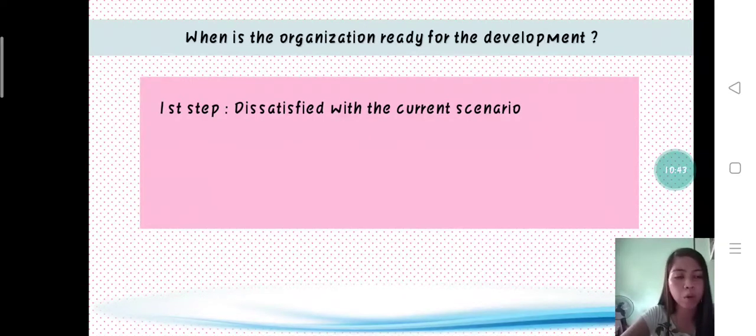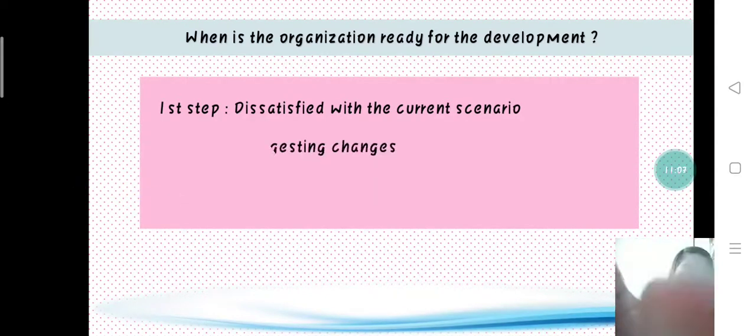Meaning, the employees are not happy with the current scenario and feel the need for change in the process of the organization. So, meaning to say, kung wala na malipay ang mga kaiban, diha na mo agi ang organizational development. Diha na change in the process of the organization.